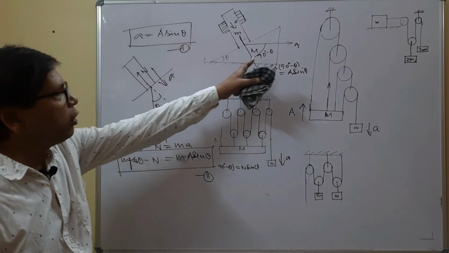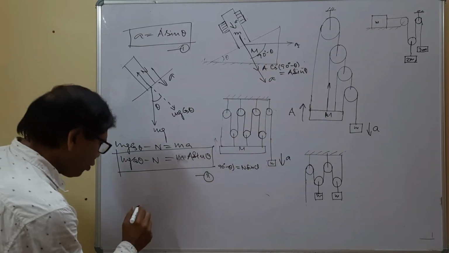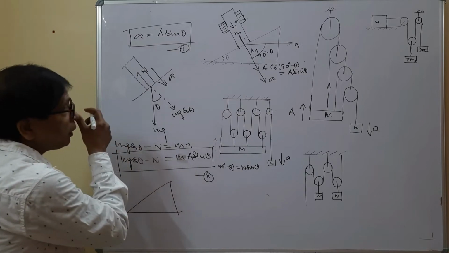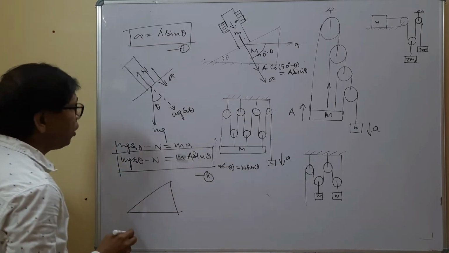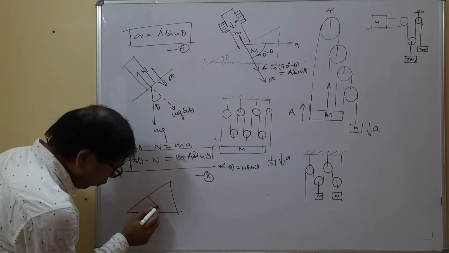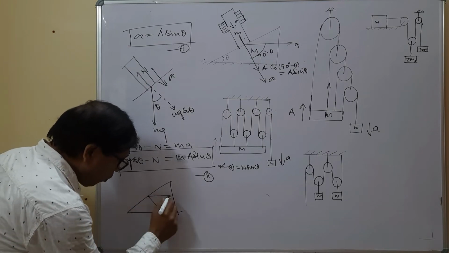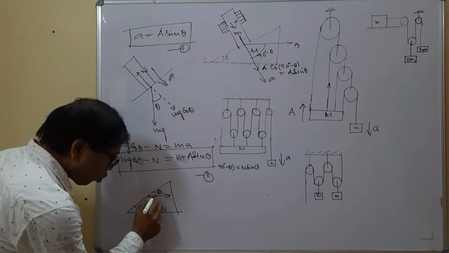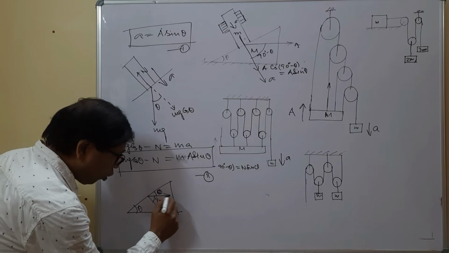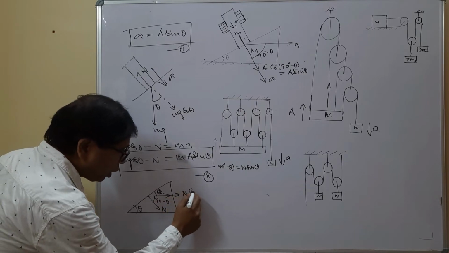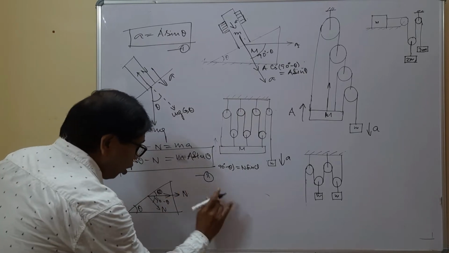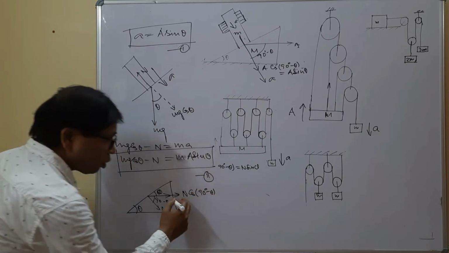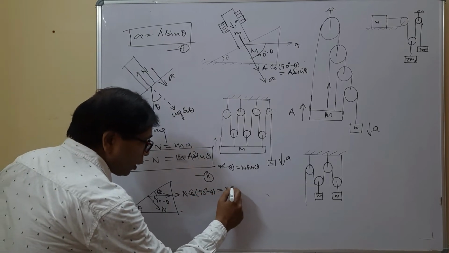Now look at the free body diagram of the wedge. Here the component of N on the wedge along this direction: this is theta, this also theta, so this is 90 minus theta. The component of N along this direction is N cos(90 degrees minus theta), so this is N sin theta.